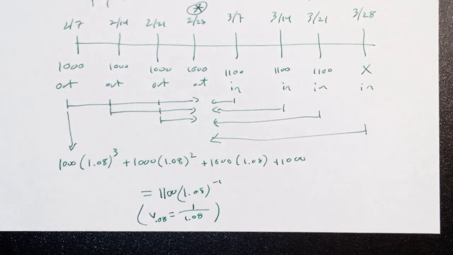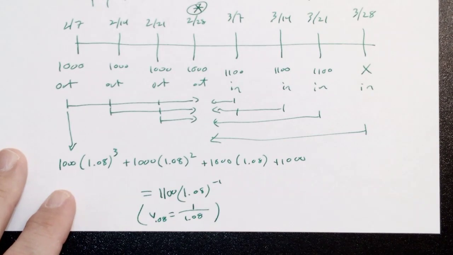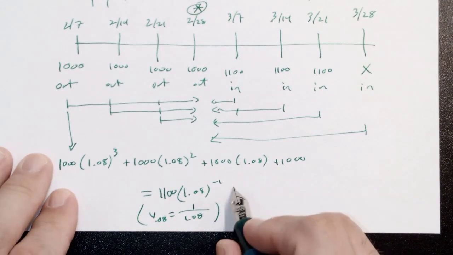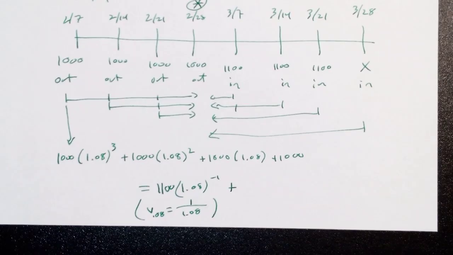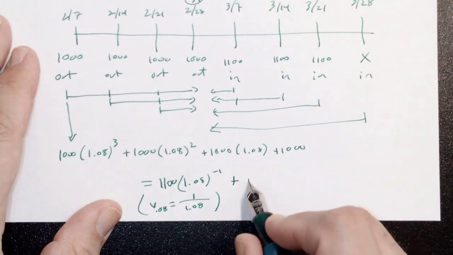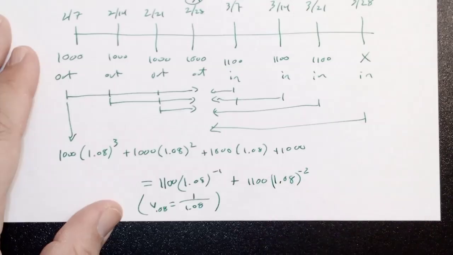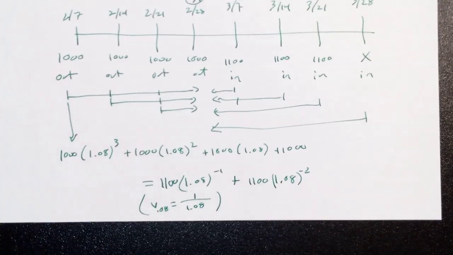Pi day. Divided by 1.08 squared. Exactly. And then the payment on March 21st and on the 28th.